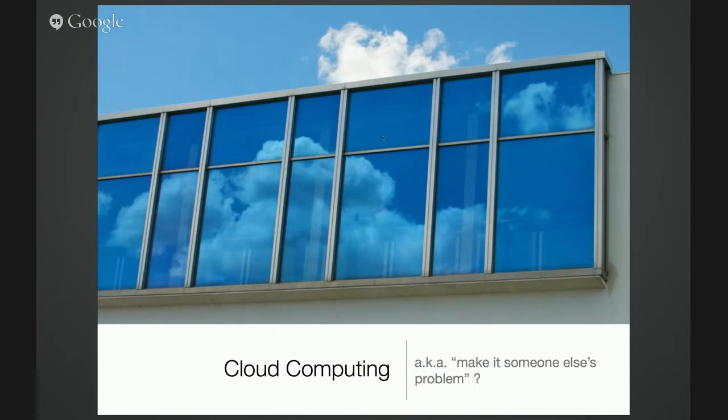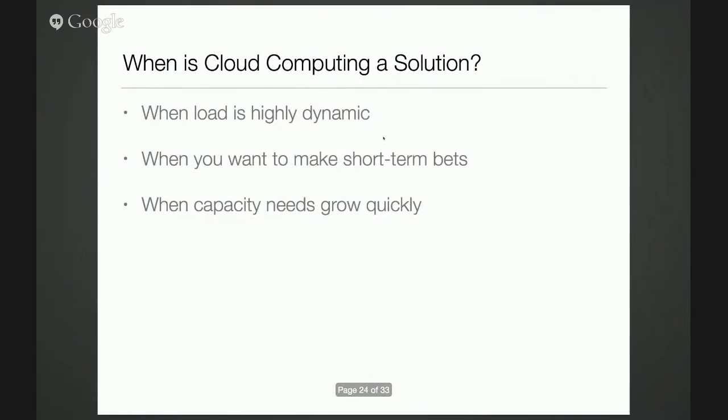You can look at this as, I'm renting the servers, I don't have to particularly buy for the long term. I can buy for the shorter term and optimize a little bit more locally. So there's a few particular areas where cloud computing might be a solution for you. One of the obvious ones is burstable capacity when load on the server is highly dynamic. Another is when you don't want to invest for the long term in all of your rack space and all of your servers and trying to figure out the lifetime of them and how to amortize cost over that lifetime.